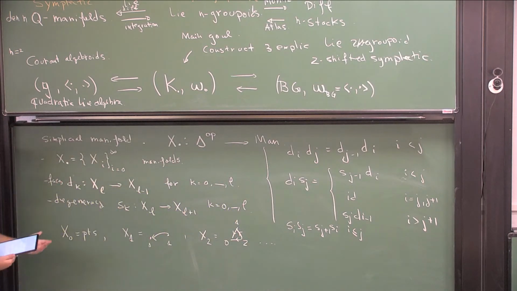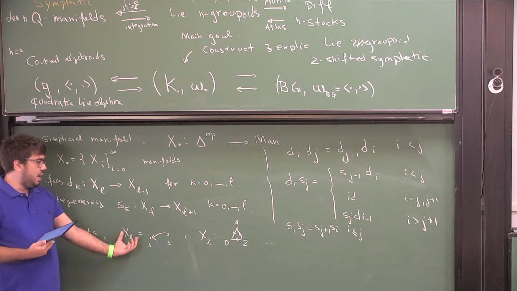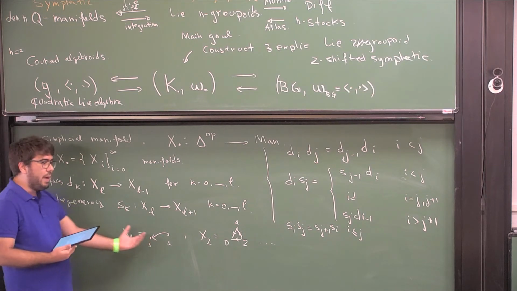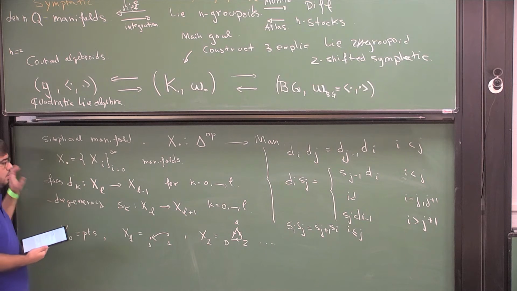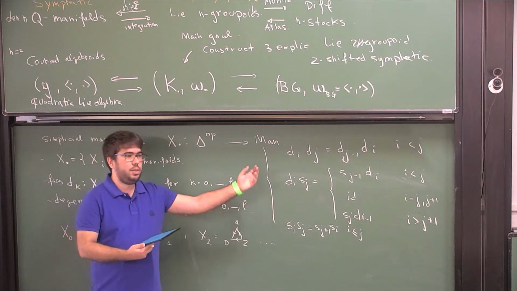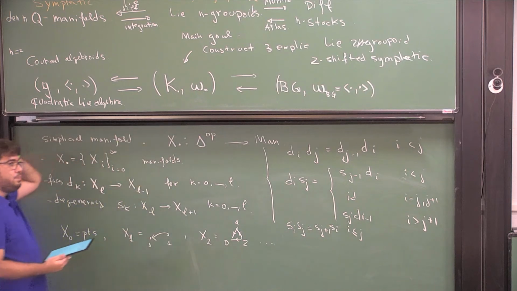So this is like encoding arrows: you are adding arrows to your manifolds. These are like the points of a manifold, these are like arrows, these are like triangles, and then you have tetrahedrons, and so on.